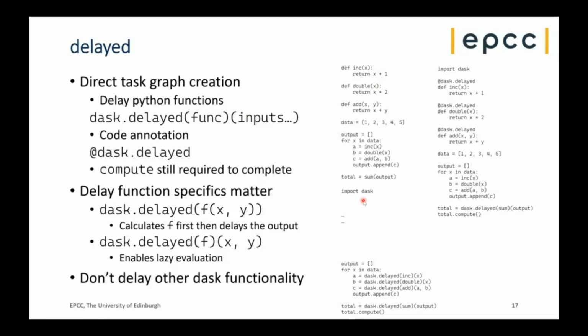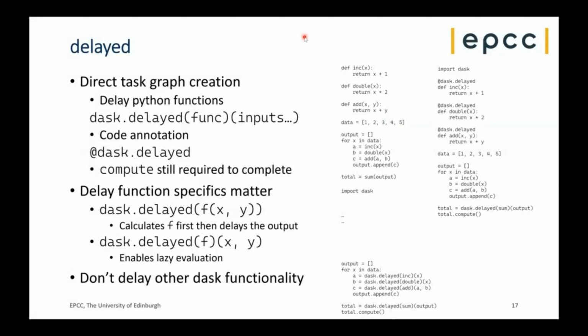I've got my code here in the top left of these code blocks, which is a function increment, a function double, a function add, and you can see that maps back to what I've seen before in my task graphs. And then I iterate over a list and say increment, double, add, and append it to the output. And in the end, I do a sum of all those things that have been added. So that's my original functionality.